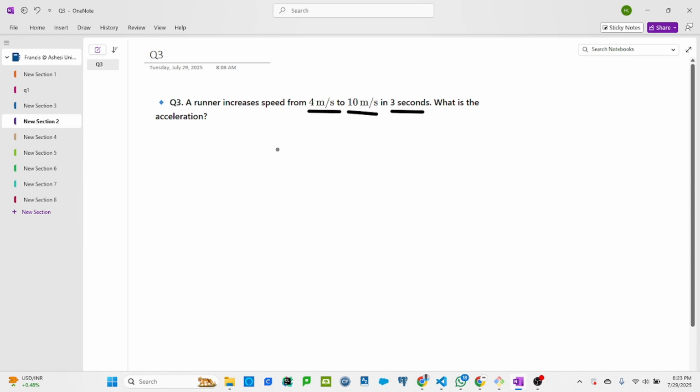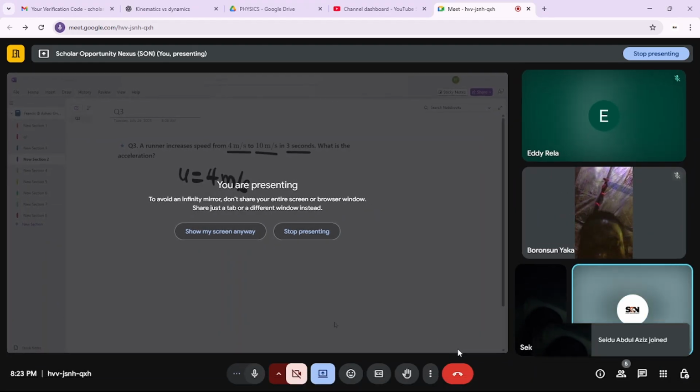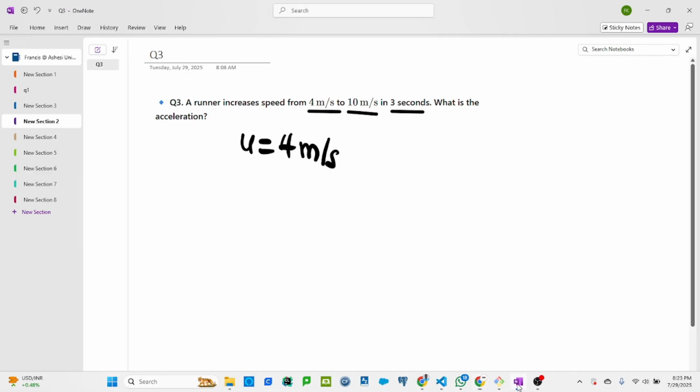We need to be very careful with this question. We need to note the initial velocity and the final velocity. They say the person increases the speed from one velocity to another. So the "from" velocity is the beginning velocity, that's u equals 4 meters per second. And the "to" velocity is v equals 10 meters per second.